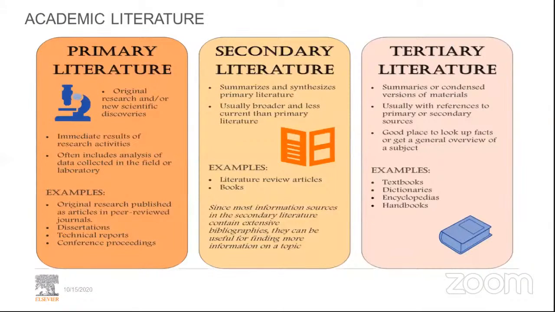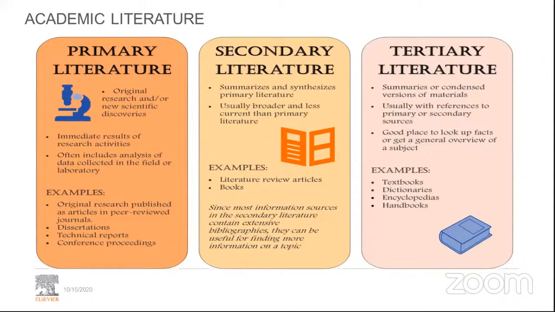So I go and search for all the papers that were published and that addressed COVID-19 and how it affected the mental health of people, and collect these data and try to summarize them and write a new manuscript or a review paper that handles this topic, and this will be called a literature review paper or a secondary literature paper.